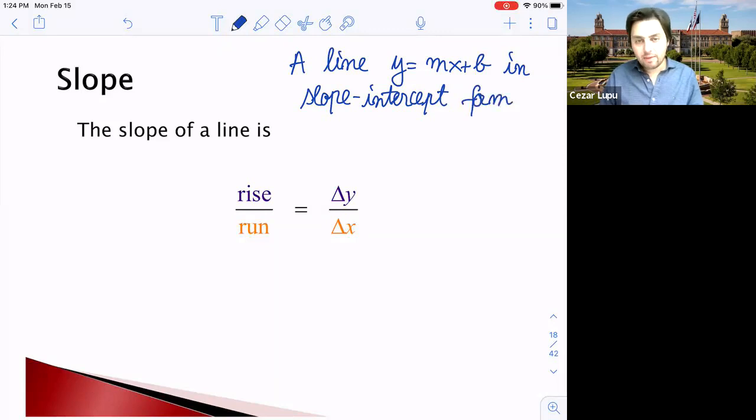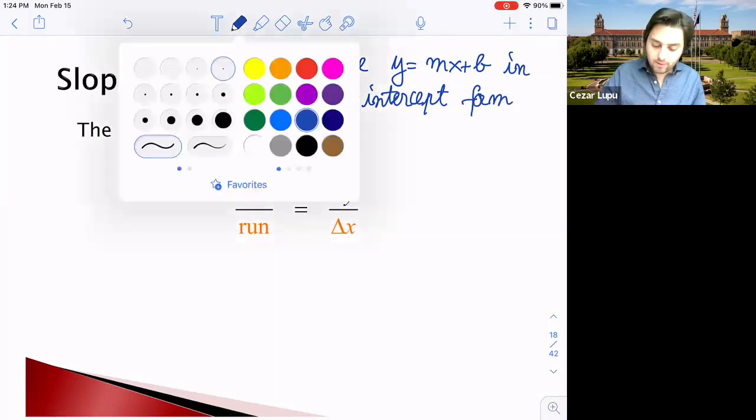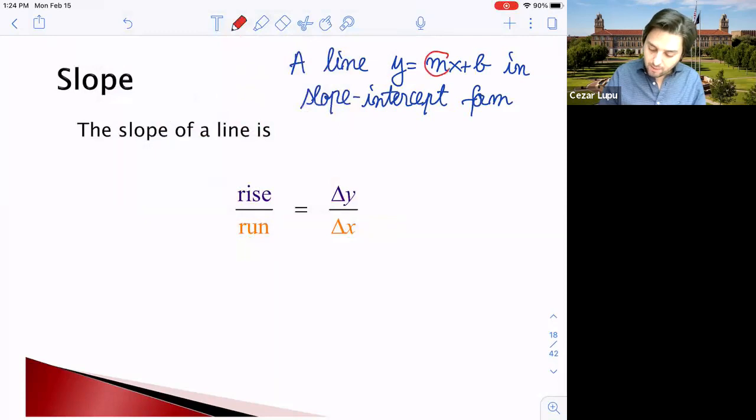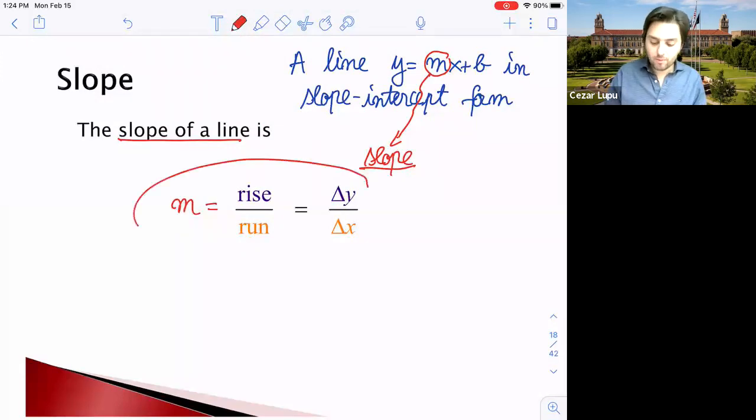Right? Where that m there, if we look at this guy m, this is actually the slope of the line, right? We'll denote this, let's say m, and we have this formula here.